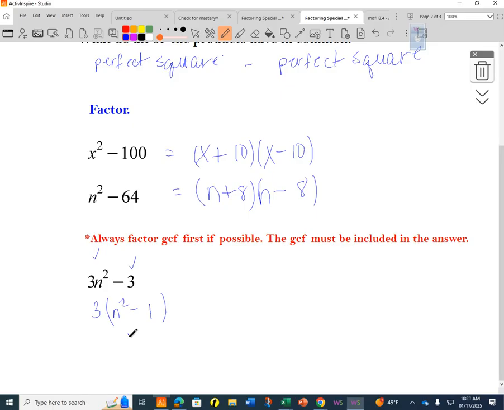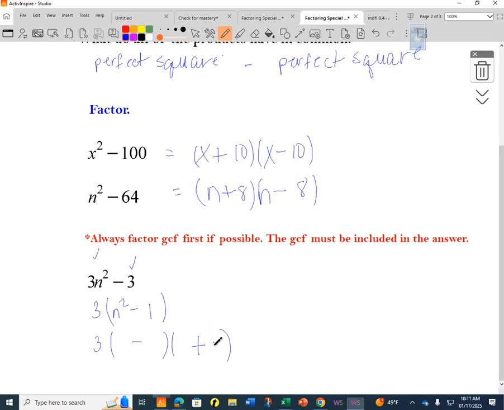Is the first term a perfect square? Is the last term a perfect square? Is 1 a perfect square? Yeah, because 1 times 1 is 1, right? Perfect. So now, we are going to include our greatest common factor, give us two binomials. We know one's always going to be addition and one's always going to be subtraction, but I put them in a different order just to remind you that the order doesn't matter.